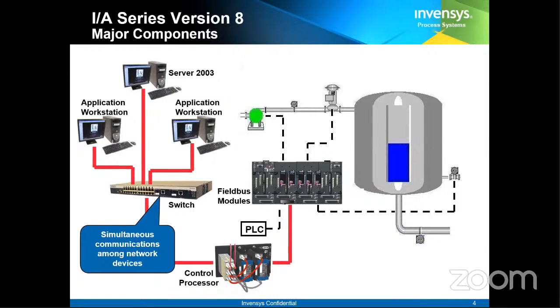I can say this takeover is in milliseconds. It really doesn't make any difference, neither on the field control nor on the DCS control in the control room. So this is called a redundant control system, or they are redundant to each other. If the primary fails, the secondary will take over.